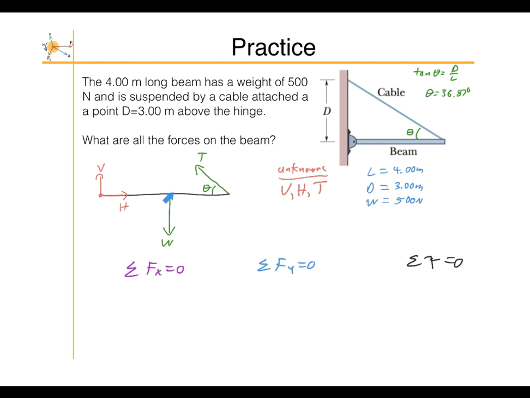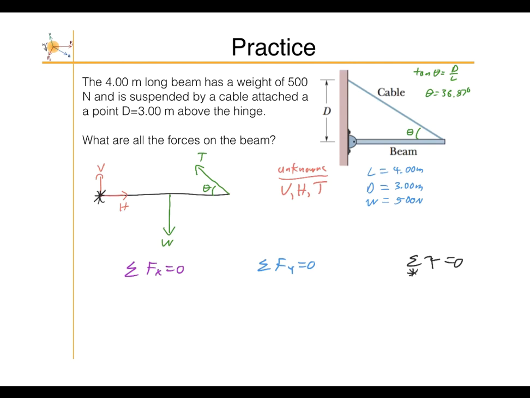If I pick a pivot point here, I'll have 2 unknowns in the equation, one due to the tension, one due to V. If I pick it here, I eliminate V and H, because those positions will be exactly where the pivot point is, so there will be no torque. So that's going to be my pivot point for the torque.